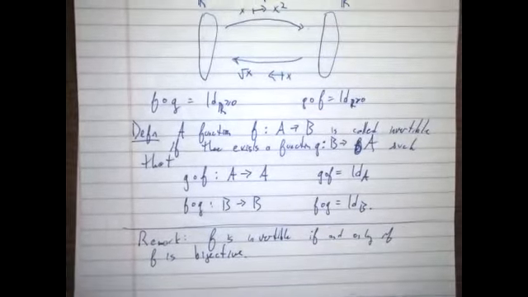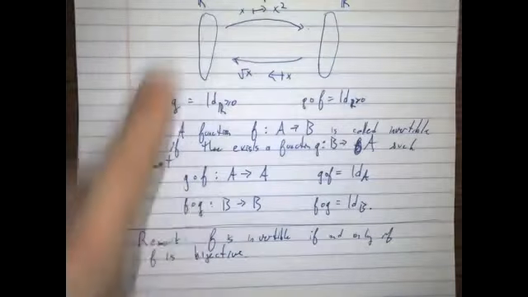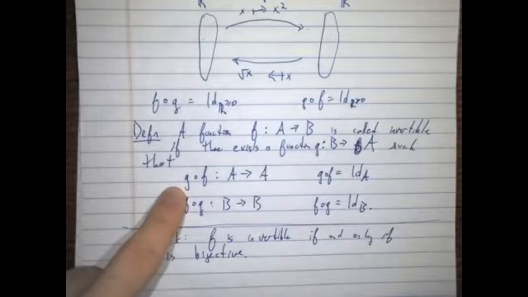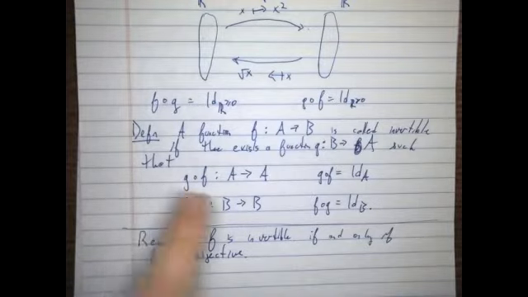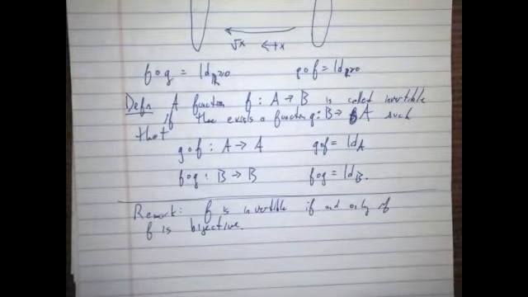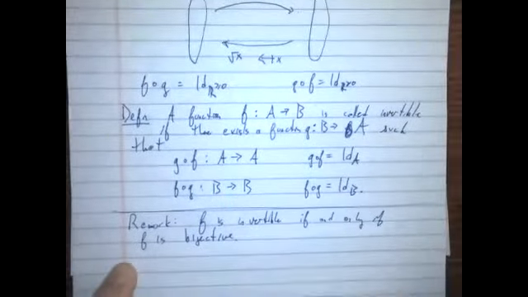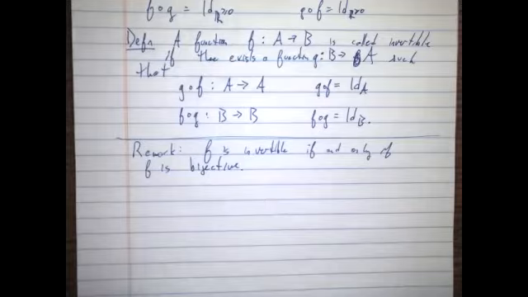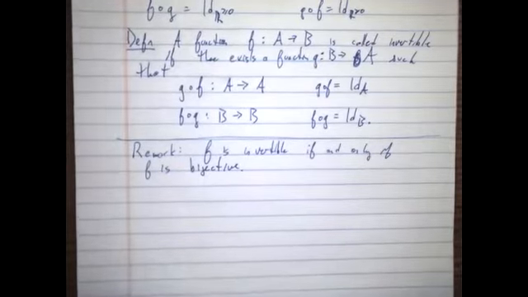So in other words, this property of being able to find an inverse function, and g here would be called the inverse function to f, this is only possible if the function f is bijective. So now we see that we're connecting the property of bijectivity to the property of having an inverse and having this property on compositions.